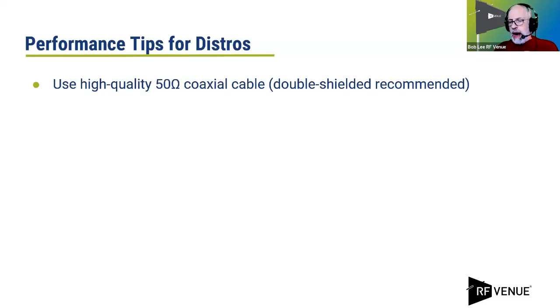The idea behind double shielding is that that outer conductor needs to fully encircle the inner conductor, and that's how it prevents interference from both being emitted by the cable and from getting into the cable. Okay, so you need that complete encircling.